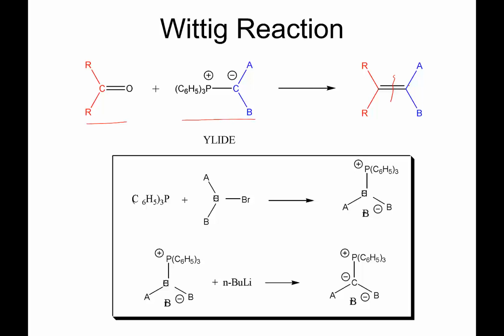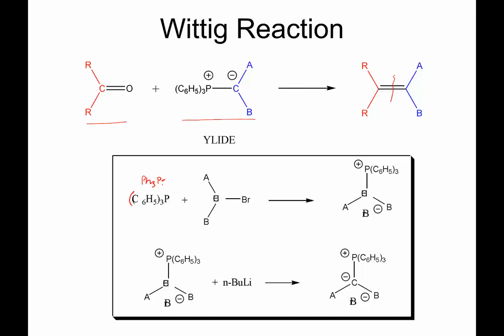And so that's why he won the Nobel Prize for this. So how do you make the ylide? Well, to make the ylide, what you do is you take triphenylphosphine. So we briefly saw triphenylphosphine in, I believe, Heck coupling.